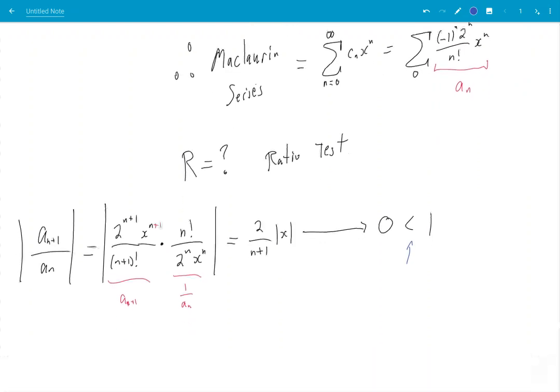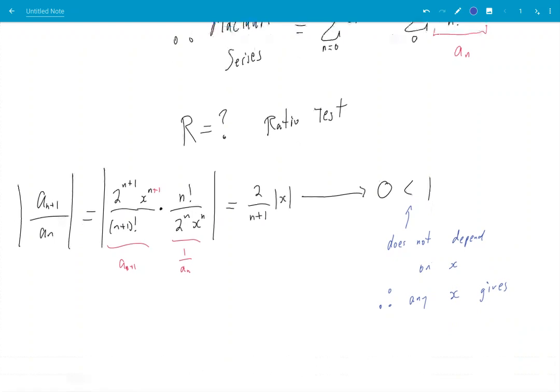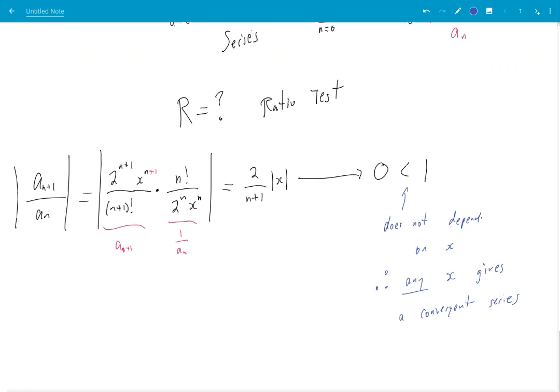And what we notice here is that this does not matter what the x value is. So it doesn't depend on x.